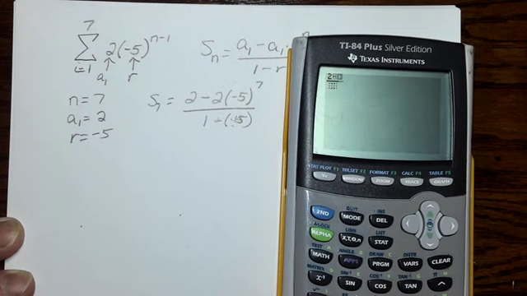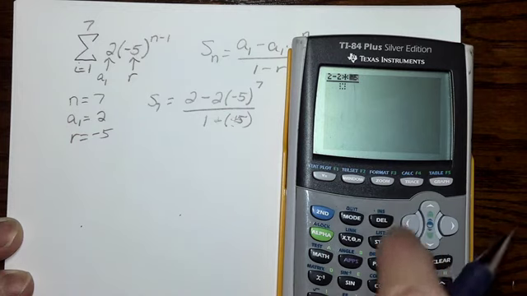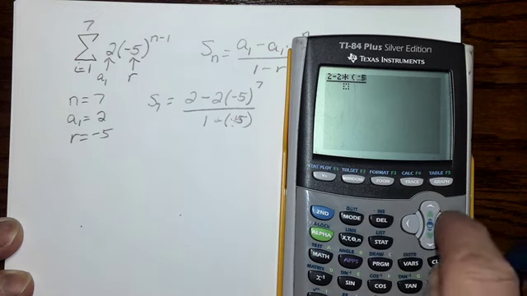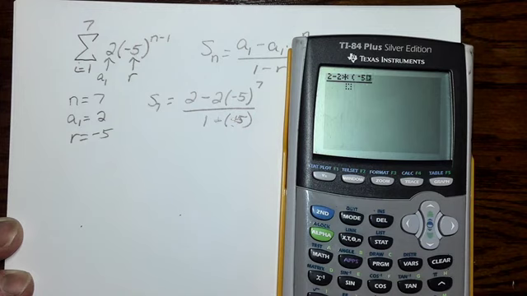I go 2 minus 2 times negative 5, and actually I need parentheses in there, because I want it to be negative 5 raised to the 7th power.